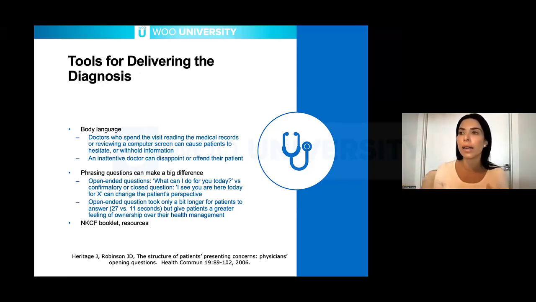So eye contact, facing the person, and then trying to remember and write it down for sure. Just being attentive, because if you're not, that will definitely be disappointing to the patient. And if they don't feel comfortable sharing information with you, then they might not feel comfortable telling you everything that's going on, which might make our jobs more difficult.